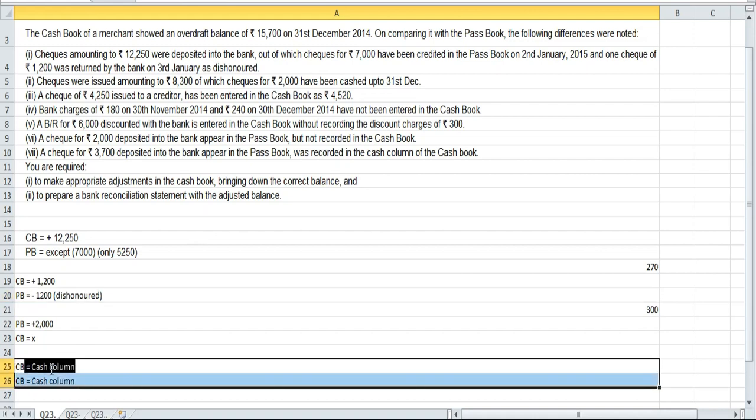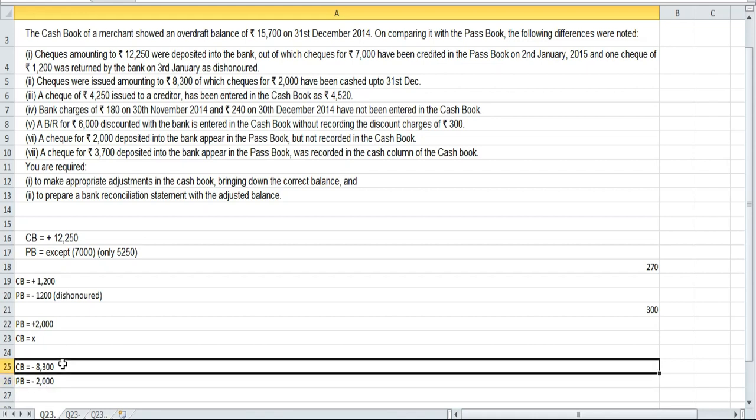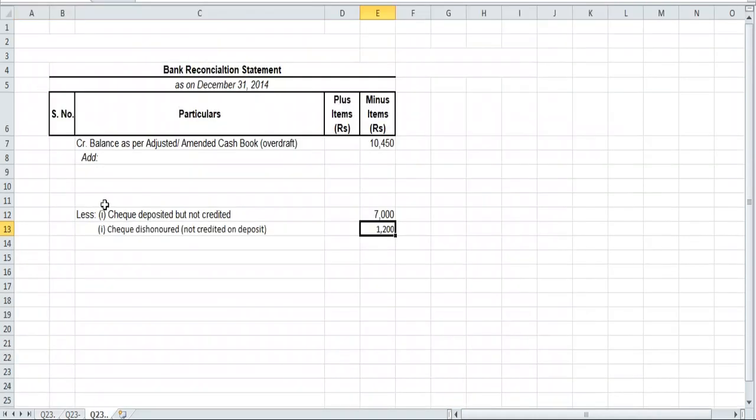In the cash book, the check is issued for 8,300, but in the passbook till December 31st we have issued only 2,000. So the cash book is still less by 6,300. So we have to move the cash book up.